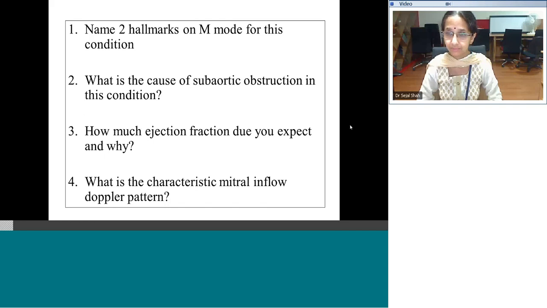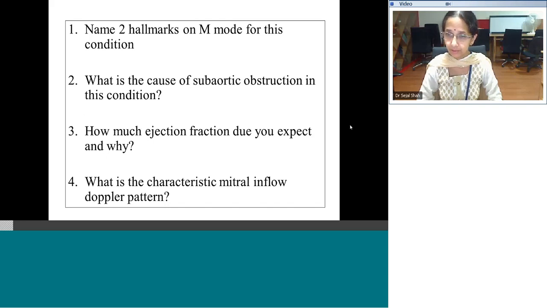And what's the characteristic mitral inflow Doppler pattern? Because we understand hypertrophic cardiomyopathy is not basically a systolic disease, but it's a diastolic disease. Triphasic. Maybe could you elaborate on this?